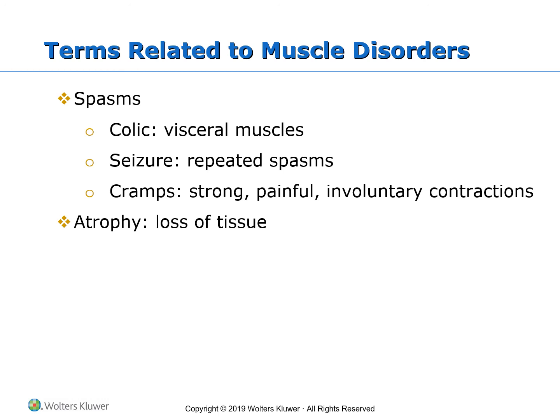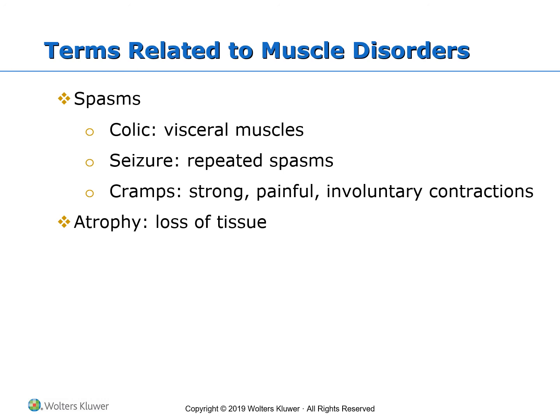Let's say when we say that we have a bellyache, it's usually a spasm of the bowel. We call a seizure or a convulsion a repeating spasm that is created at the level of the skeletal muscles. And that usually is generalized. It happens in all the skeletal muscle.